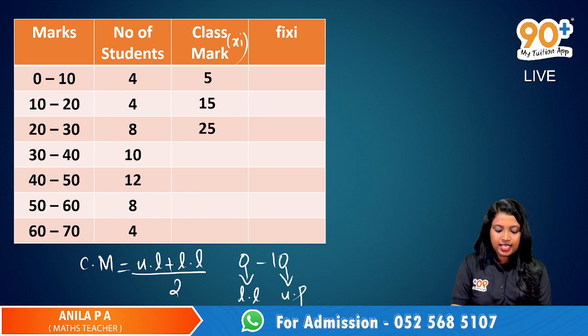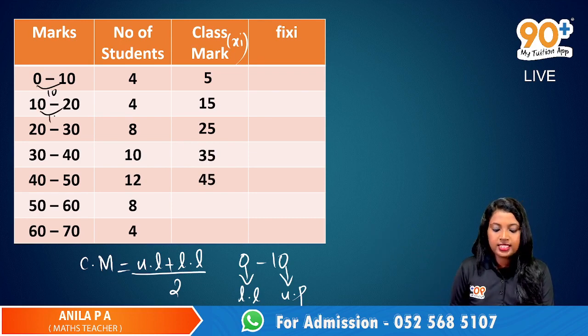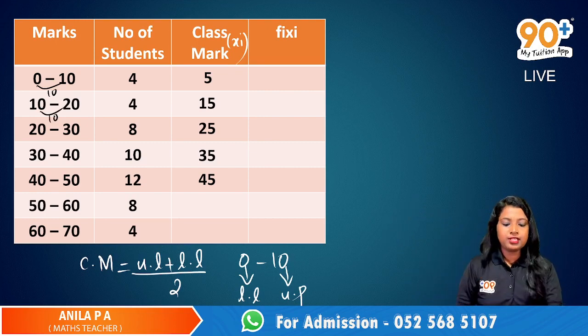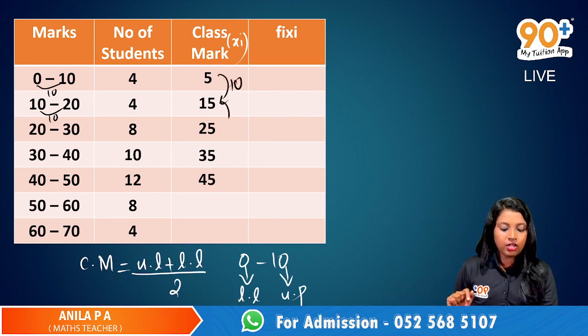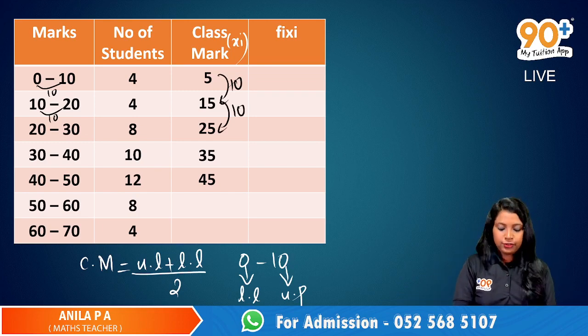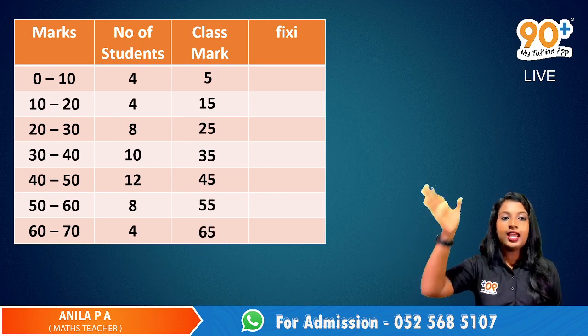Here it is 10, right? We add 10 to 0 to get the next limit, and we add 10 to this 10 to get the next upper limit. So 10 is the difference along with this 5. Add 10 to get the next xi value, then add 10 to this one to get the next xi value. Like that you have to follow and fill this column. So 5, 15, 25, like that you will get.